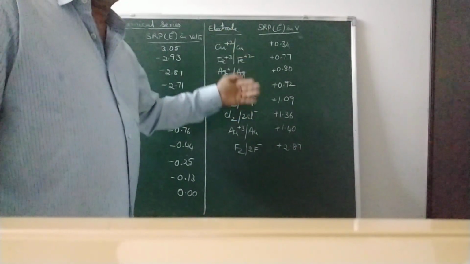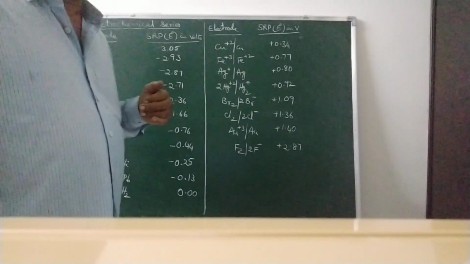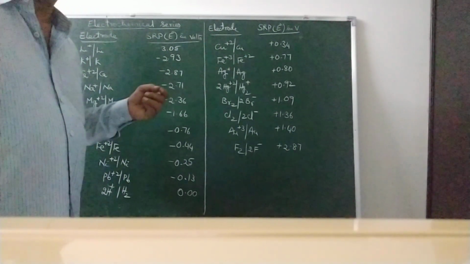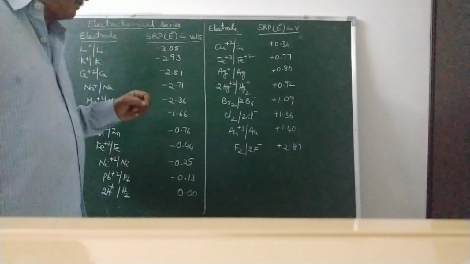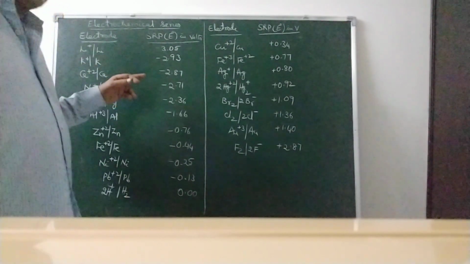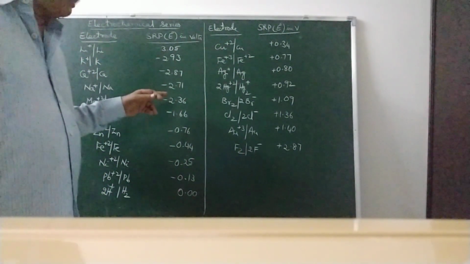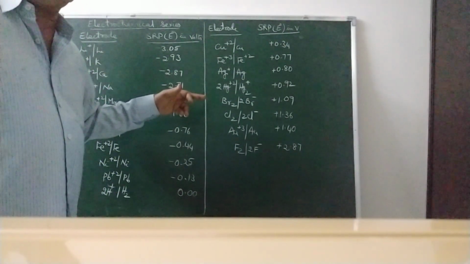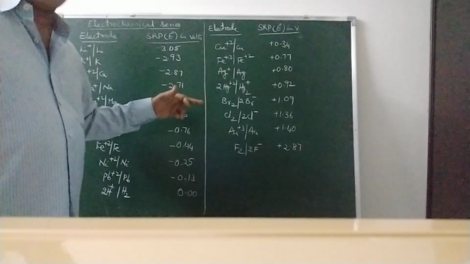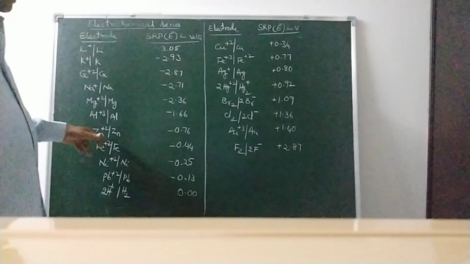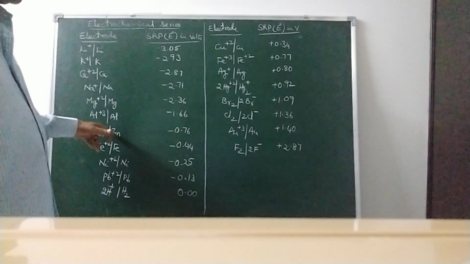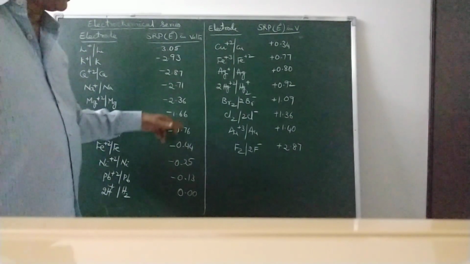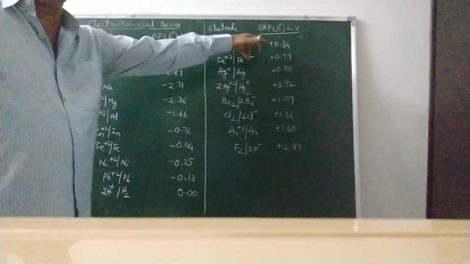If one has a negative SRP value and another has a positive SRP value, the electrode with negative SRP acts as anode and the electrode with positive SRP acts as cathode. In the Daniell cell, we took a zinc electrode and a copper electrode. Here, the zinc electrode has negative SRP and the copper electrode has positive SRP.